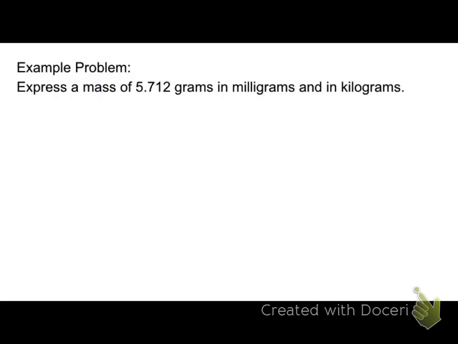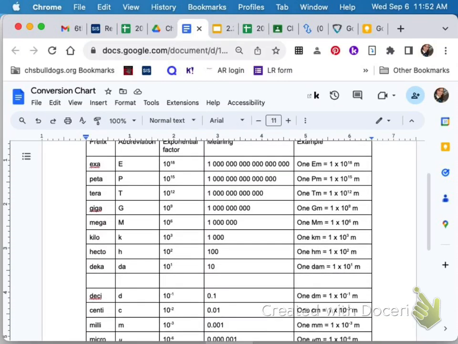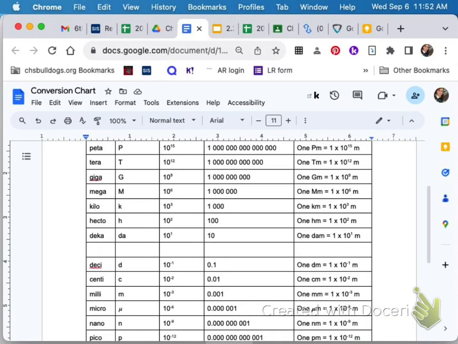It's really nice and handy that these are all powers of 10. So you know as you're going up, if you have 1 gram, then it'll take 10 of them to make a decagram. It'll take 100 of them to make a hectogram. It'll take 1,000 of them to make a kilogram. It'll take, I believe that's 1,000,000 of them to make a megagram.